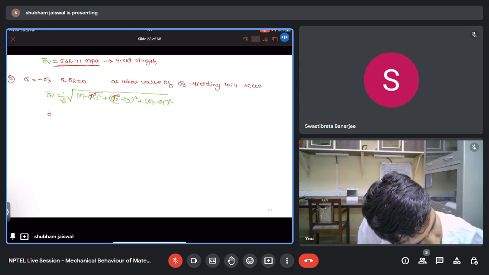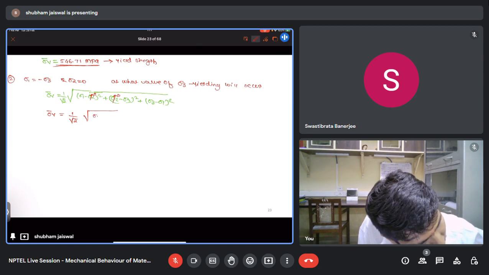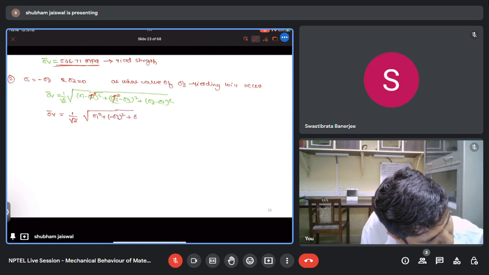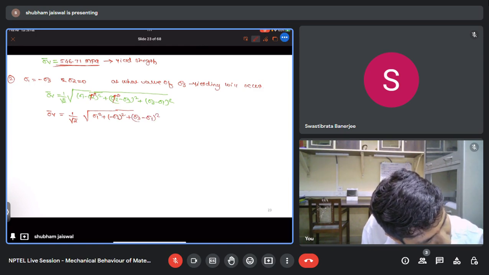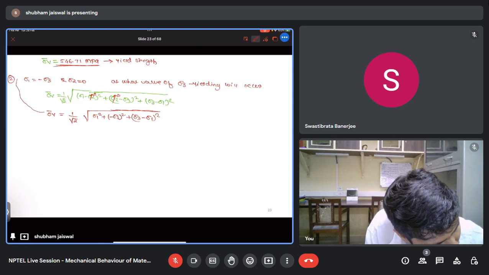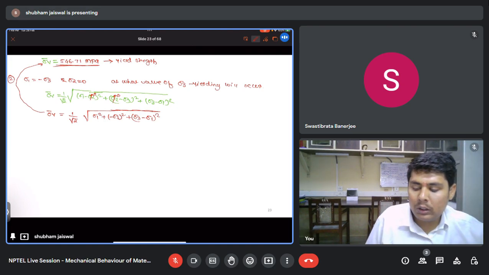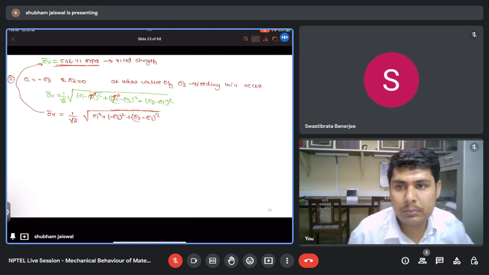So now we are left with sigma bar equal to 1 by root 2 under root of sigma 1 square plus minus sigma 3 square plus sigma 3 minus sigma 1 square. We have the value of sigma V bar, and here we have the equation, so you can easily get the value of sigma 3. Tell me the value of sigma 3.